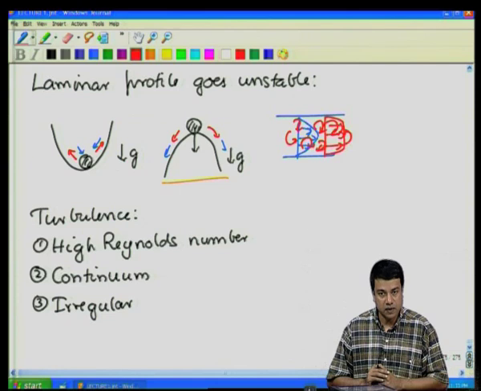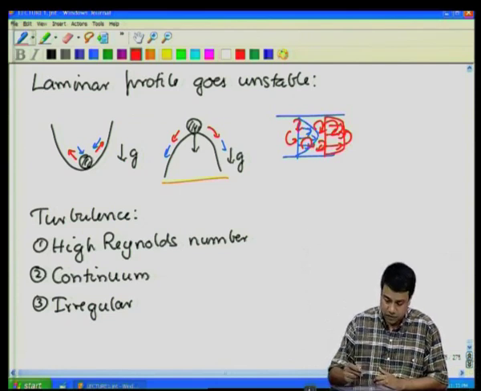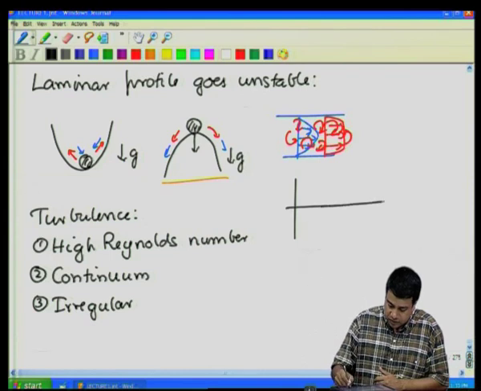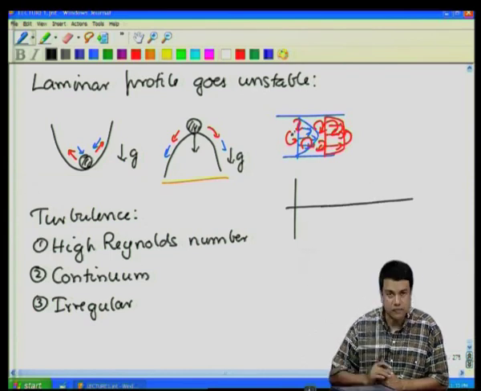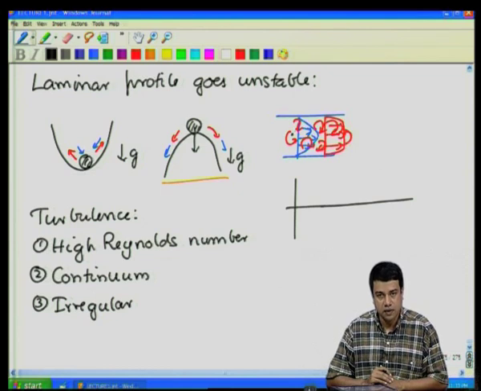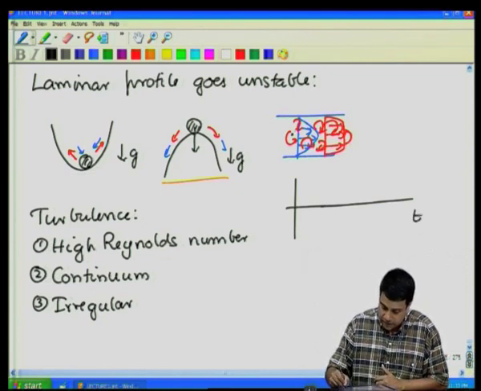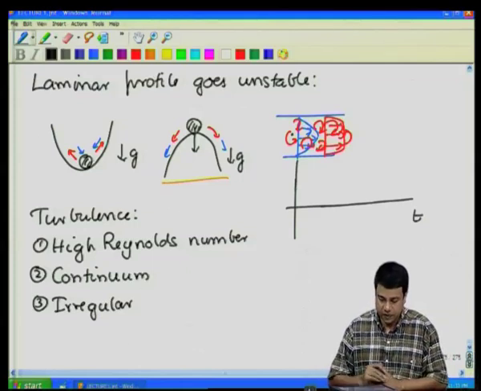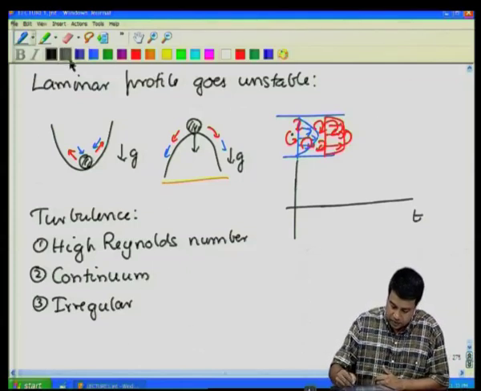At any given point in time, if I were to sit at one particular location and plot any component of the velocity as a function of time, for example the velocity component u x, let us put our coordinate system here.